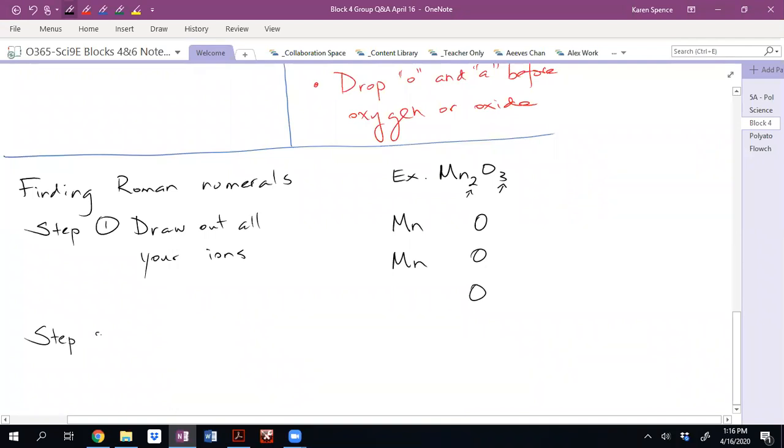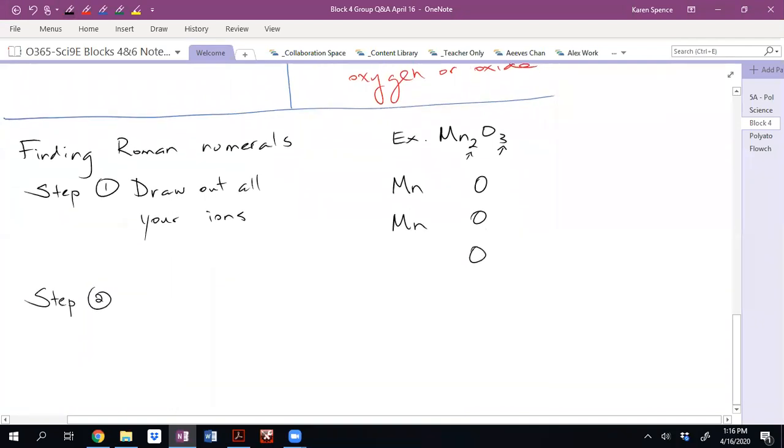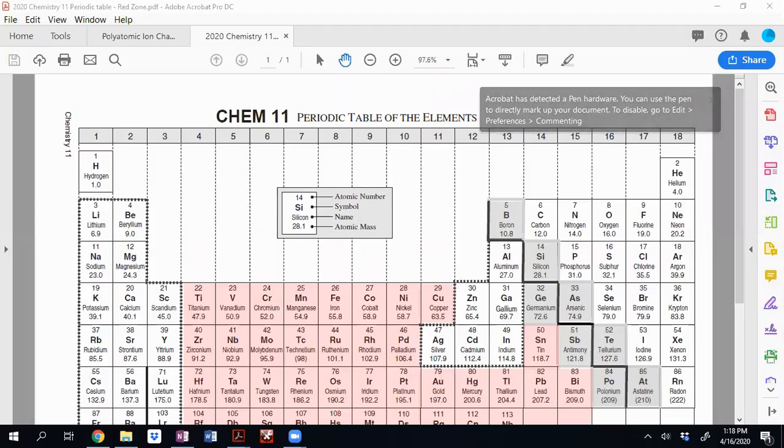Step 2, you are going to find the charge of the anion. Off we go, and we are going to take a look at oxygen.